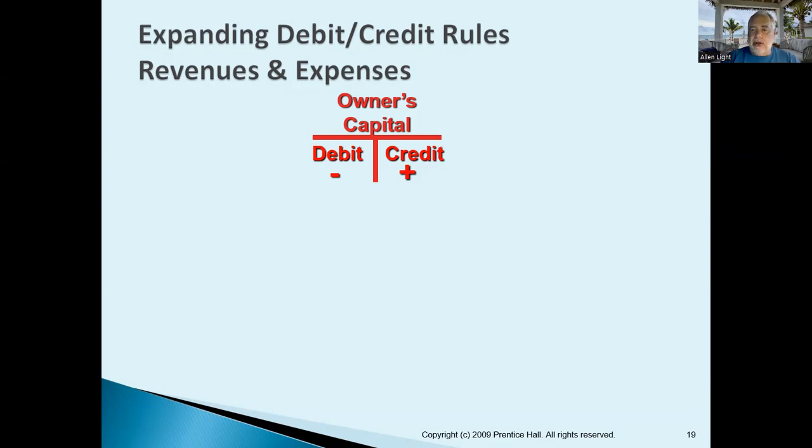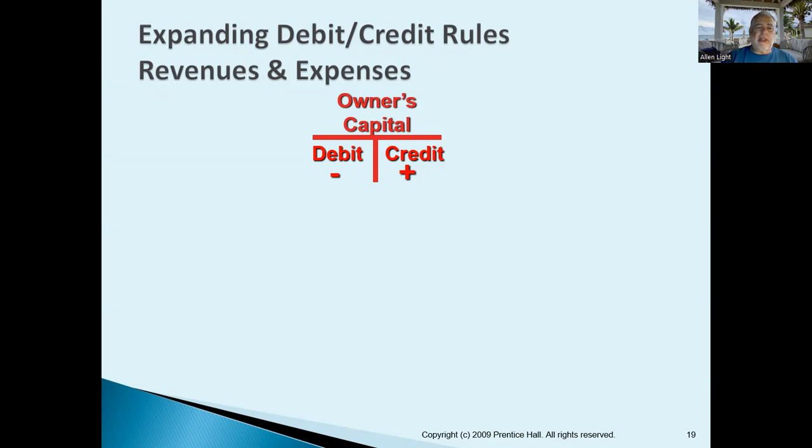Now, when you're trying to determine what a balance is, it's really simple. You just take your debits and your credits and you combine them, and that's how you figure it out. So if this is the negative side, this is the positive side, then ideally the positive side needs to be greater than the negative side. And then you're going to have a normal balance where the positive side is.